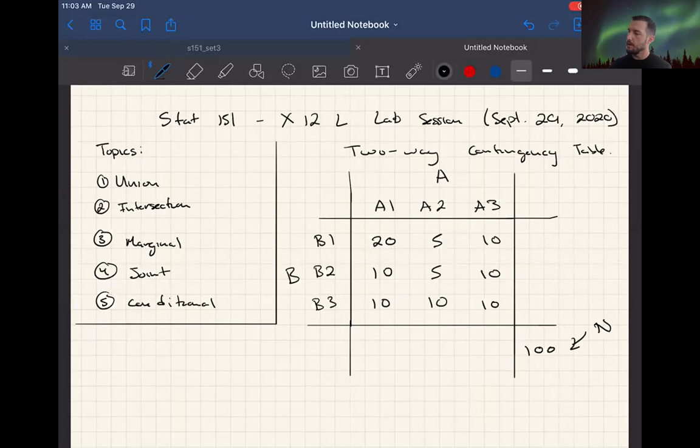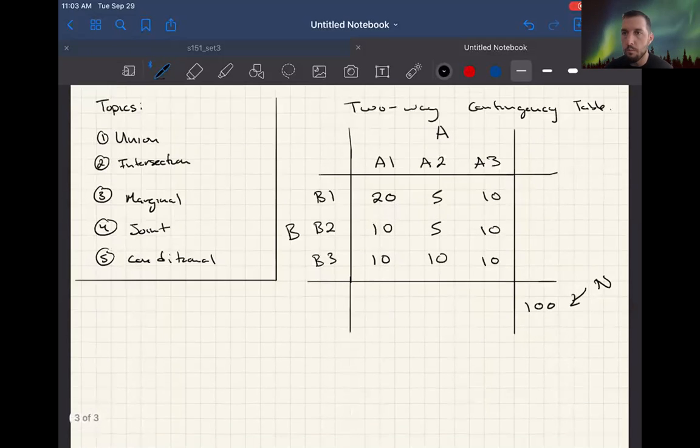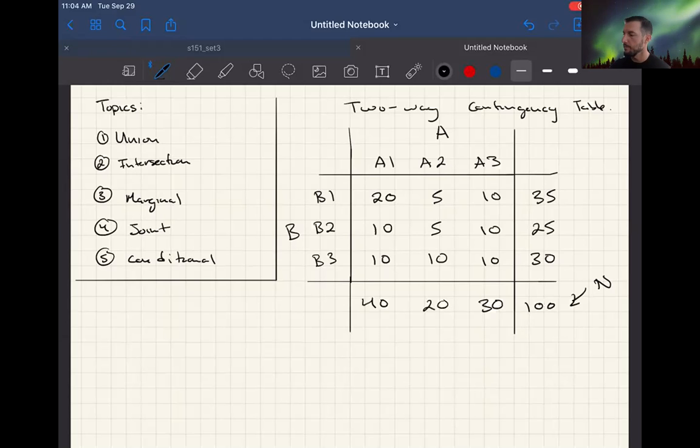Now we can row sum and column sum for each of these. So here we have 20 plus 15, which is 35. Here we have 25. Here we have 30. Here we have 30. Here we have 20. And here we have 40. So 35 plus 35, oh, hold on a second. No, this adds to 90, so I'm missing something.